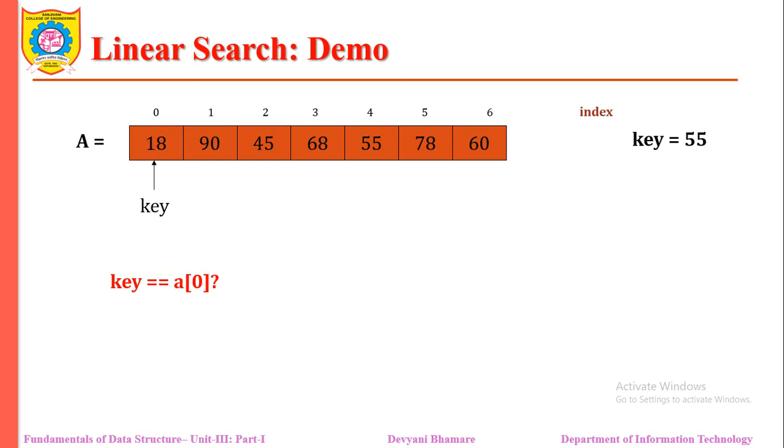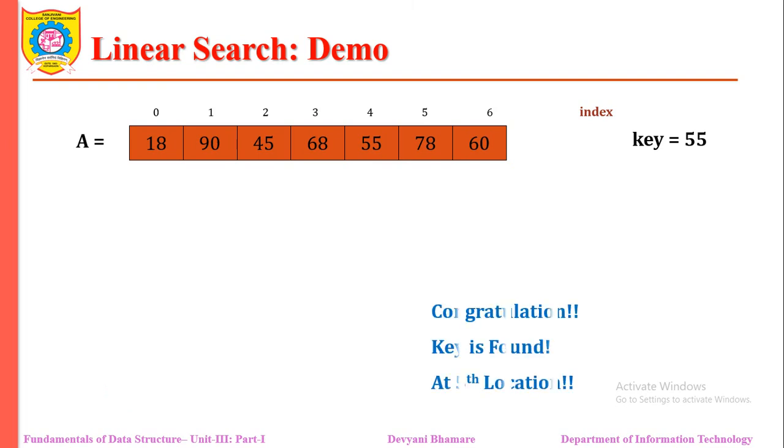No, I is increased by 1. Is the key equal to A of 1? No, I is increased by 1. Is A of 2 the key? No, I is increased by 1. Now I is 4. Is the key 5 equal to A of 4, which is 5? Yes. Then we display that the key element is found at the 5th location.